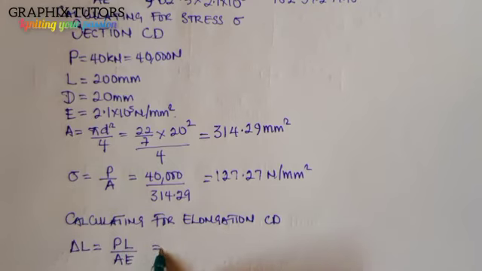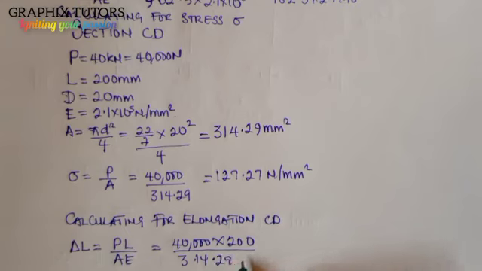Now what is the force? We know it is 40,000 multiplied by the length, which is 200, all over the area, which is 314.29, then times the Young modulus, which is 2.1 times 10 raised to the power 5. That is the Young modulus.